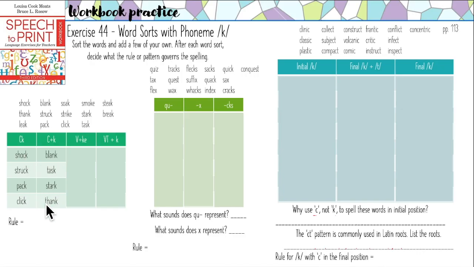Now let's take a look at consonant plus K. So this isn't C like CK. This is a consonant plus a K. So we have blank, task, stark, and think. So we can have a short vowel and a consonant. We can use a K at the end. We don't often like to use C's at the end. So if you have a consonant before your K sound, more than likely you're going to use a K. Now we have a vowel.